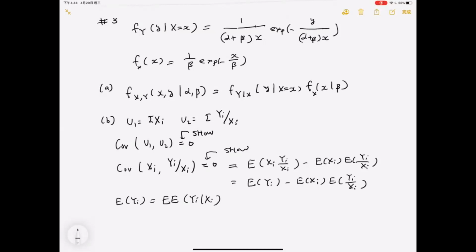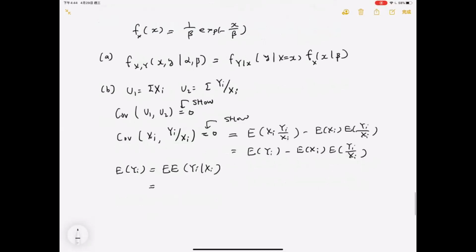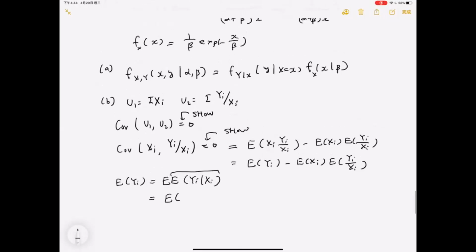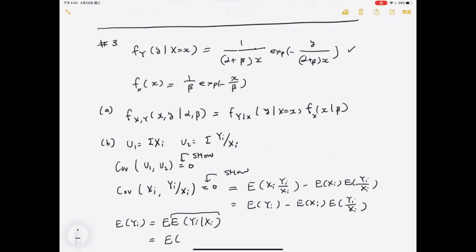Okay? It's never getting old. Every time you see the conditional distribution and somebody asks you to derive the expectation of the marginal, you're always using double expectation. Then things become really easy. For example, right here, the inside guy, because you do know that it's a conditional, it has an exponential distribution.